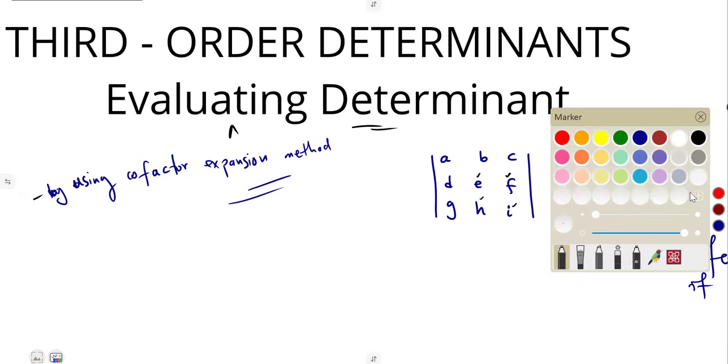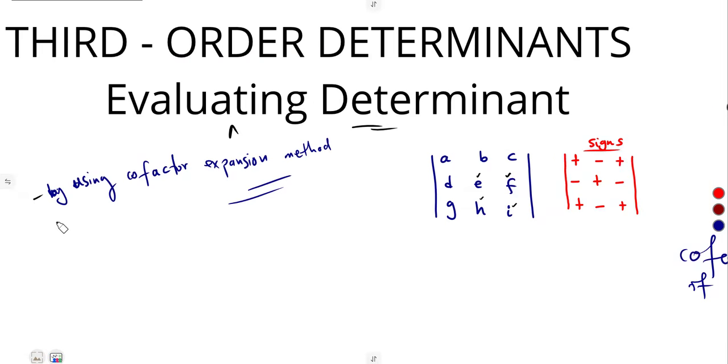You choose, all right, let me write it down. Expand any row or column, all right, using cofactors.